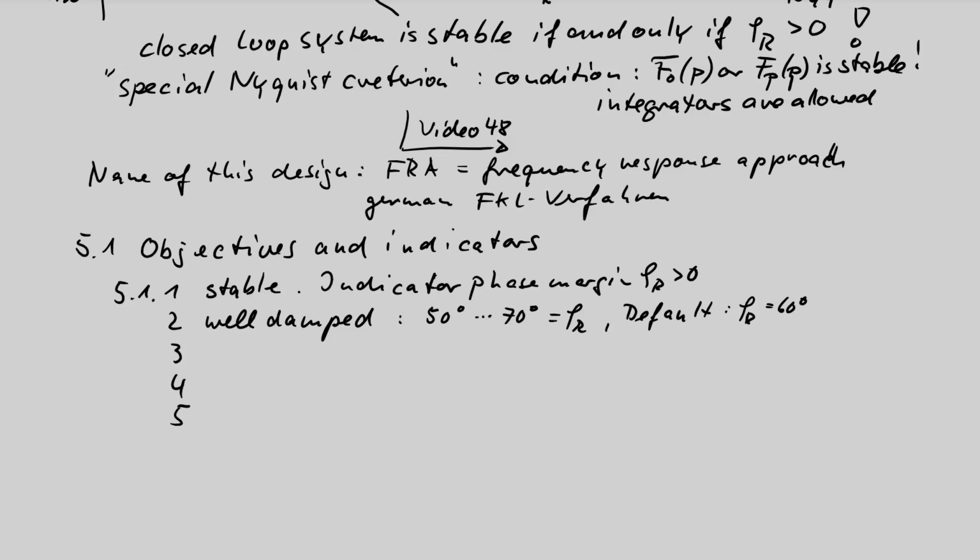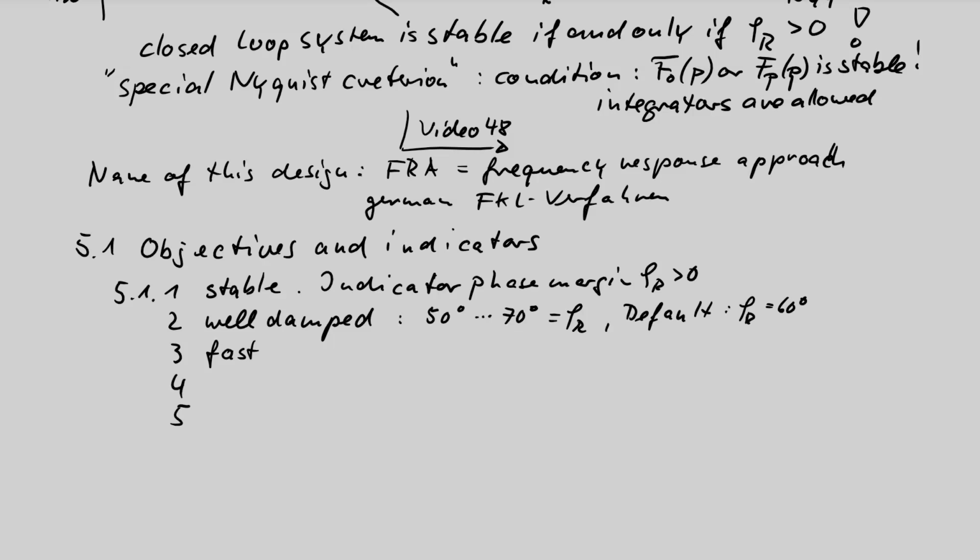But a stable and well-damped loop could also be a bad loop. So you need more conditions to have a loop for which the user is happy. The next is the speed. You mostly want to have a fast speed.